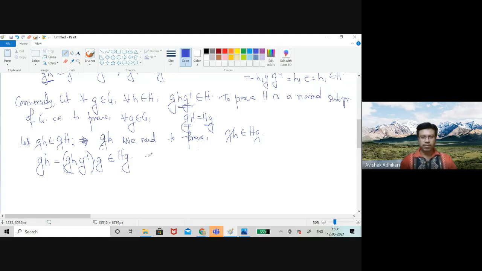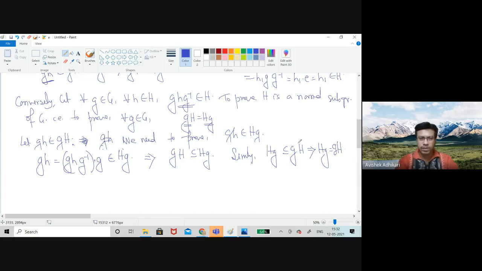So what we proved is that we started with gh belongs to gH, and we finally proved that gh belongs to Hg. As a result, gH is a subset of Hg. Similarly, you can prove that Hg is also a subset of gH, and that implies Hg equals gH.